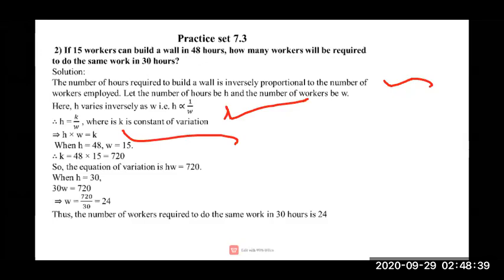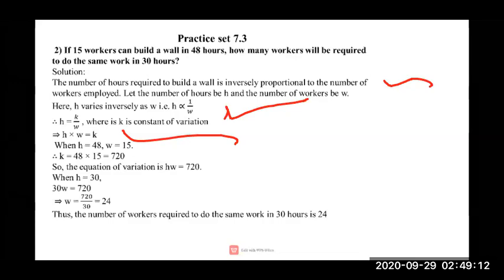So our constant k will be 48 multiplied by 15, which gives 720. So you got the equation of the variation: hw is 720.